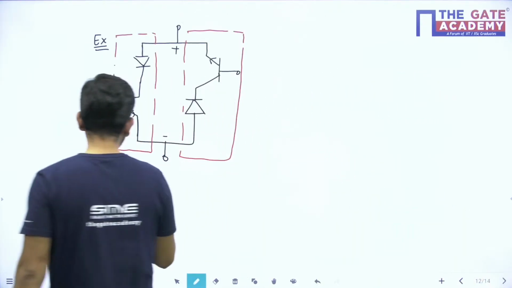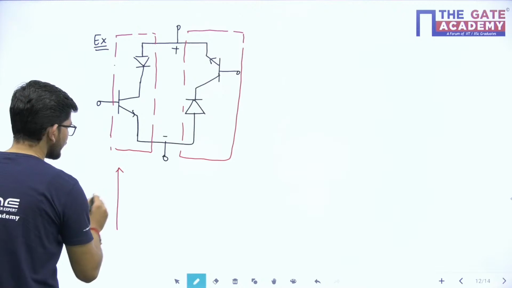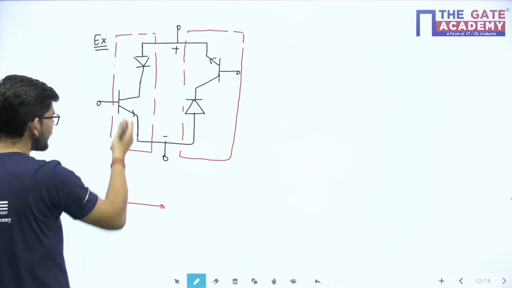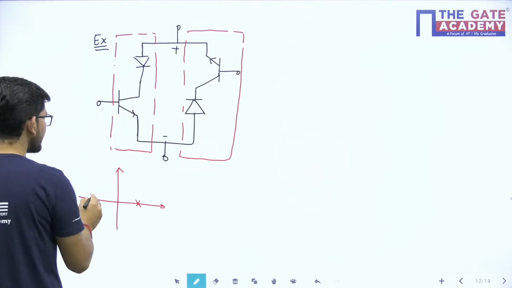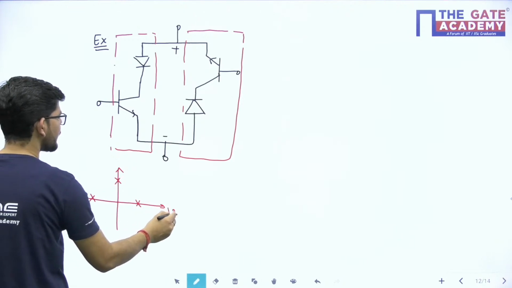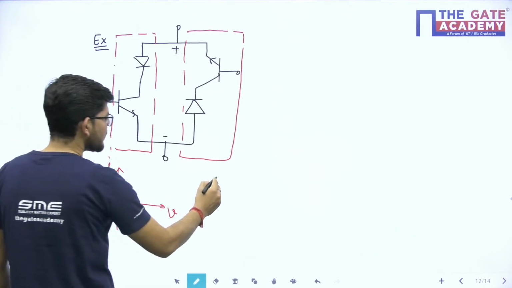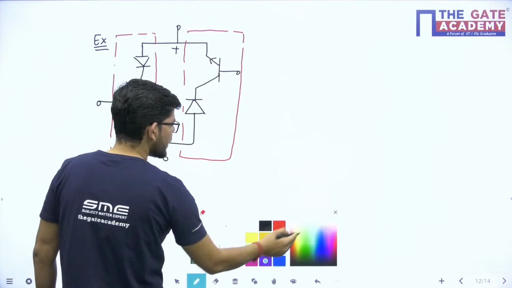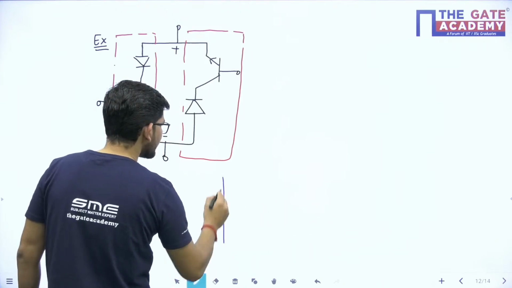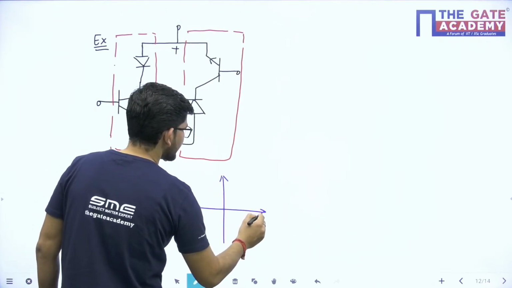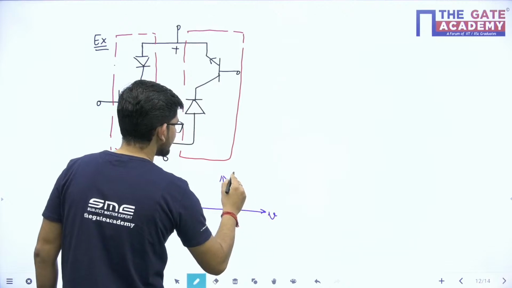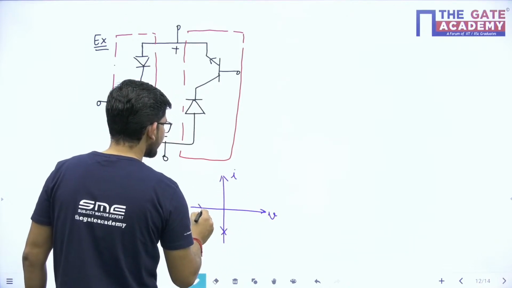So for the first switch, what will happen? For the first combination, you will have this particular characteristic, isn't it? And for the second combination, you will have a characteristic like this. The current direction will be reverse.